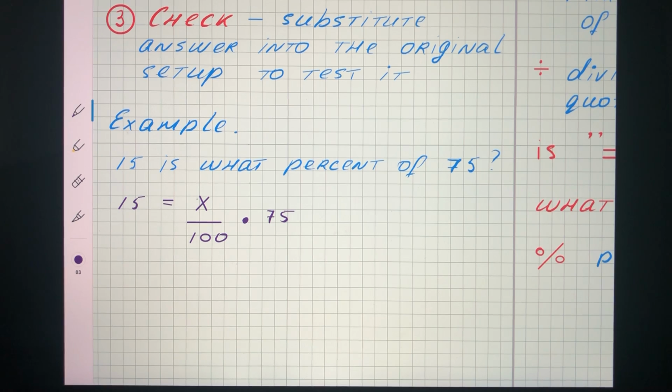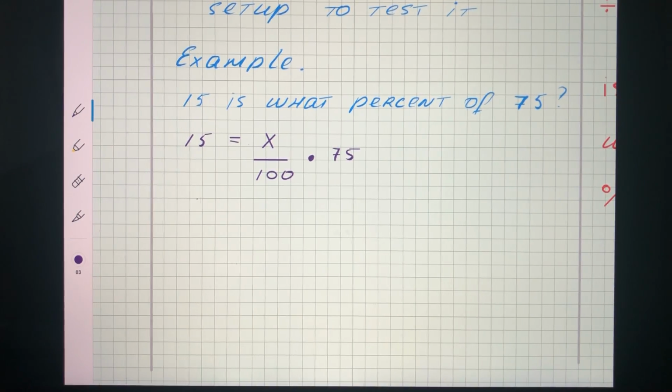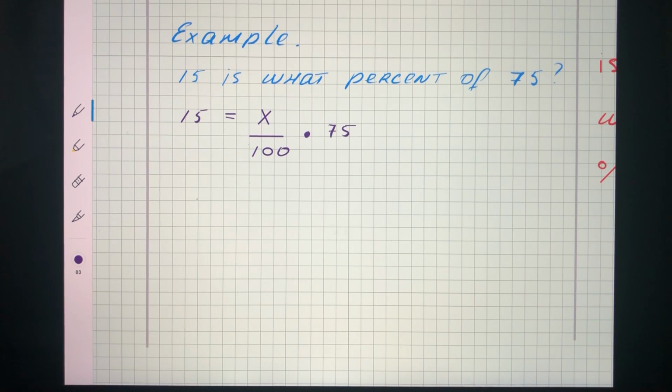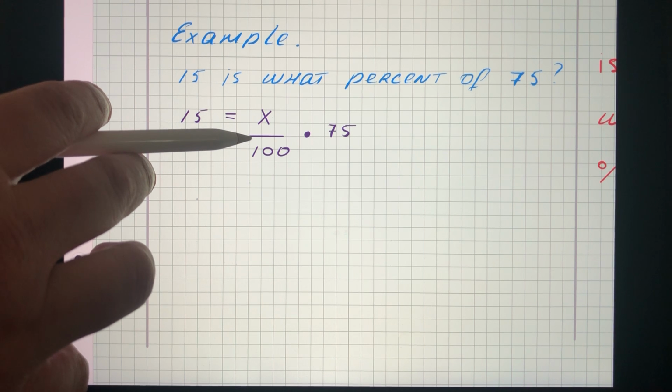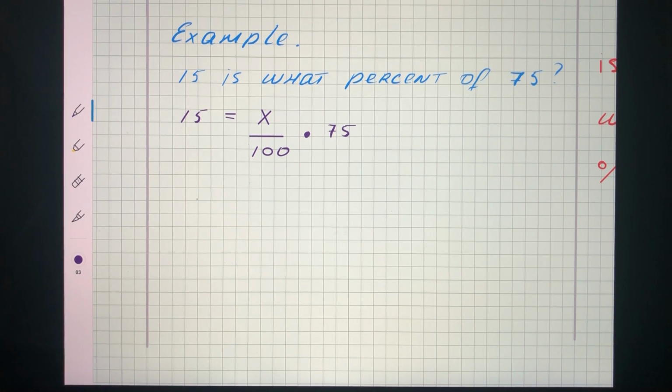So after we're done with the setup, we need to solve this equation. There are many ways to do it. One way to do it is to undo all the operations that we see. To undo the division, we multiply both sides by 100. So here, 15 is x divided by 100 times 75.